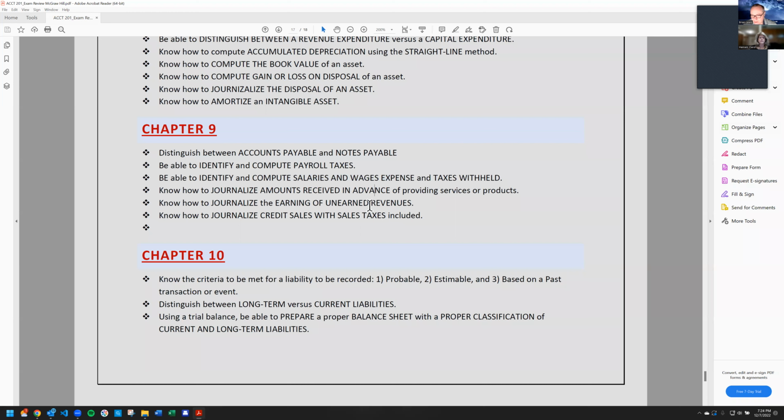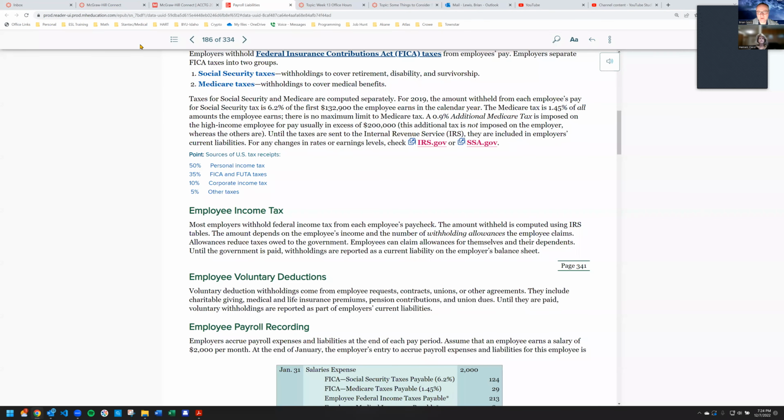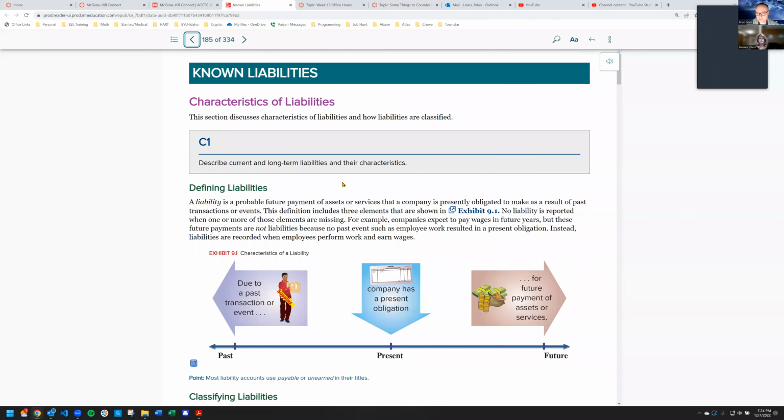Journalizing unearned revenues, same thing, dealing with same types of issues here. And then credit sales with taxes. So they'll give you a tax rate, whatever, 7% of the sale. We have to journalize that as it was shown in this one. So I think the ones I went through are pretty indicative.